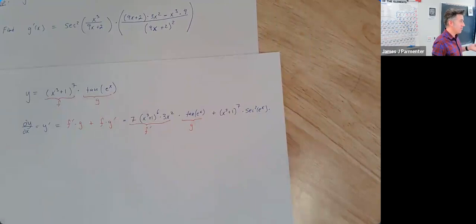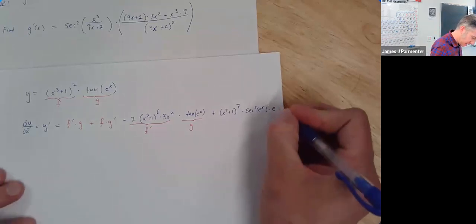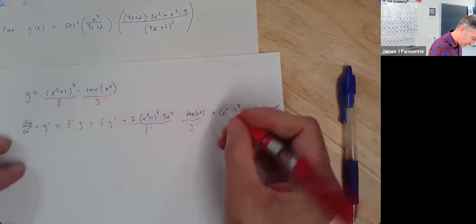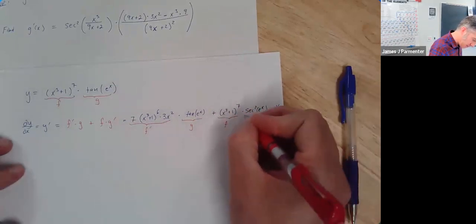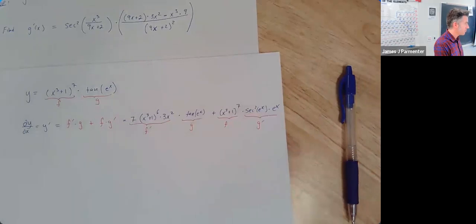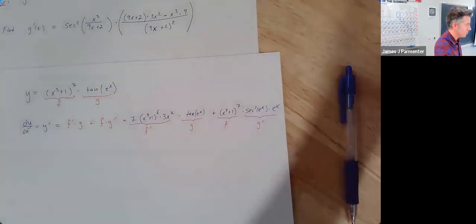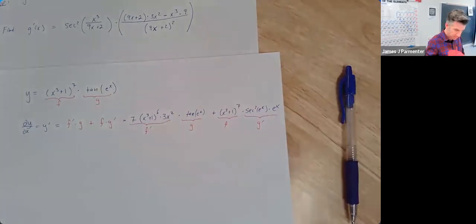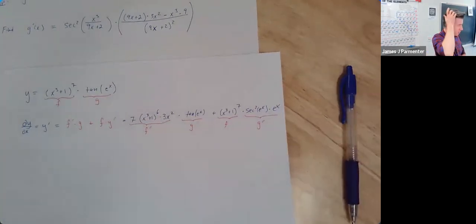Or more generally, the derivative of the stuff, which happens to be the same as the stuff because it is e to the x, and the derivative of e to the x is e to the x. Product rule definitely in play, chain rule definitely in play here.